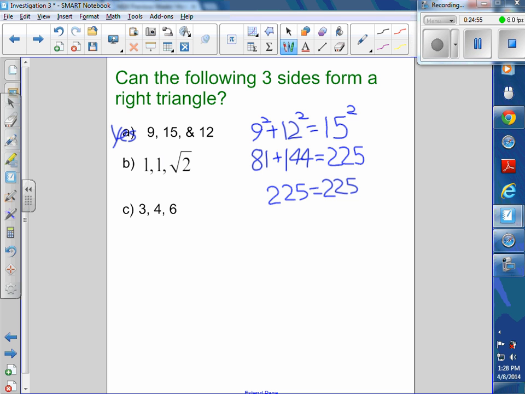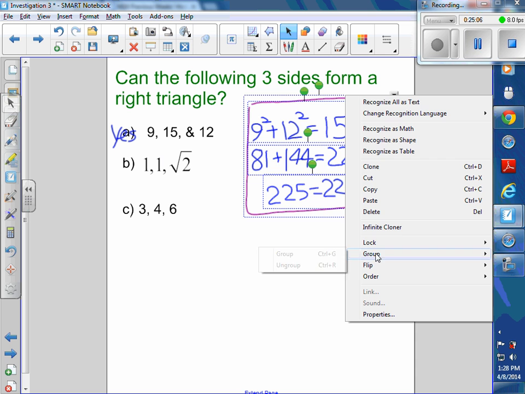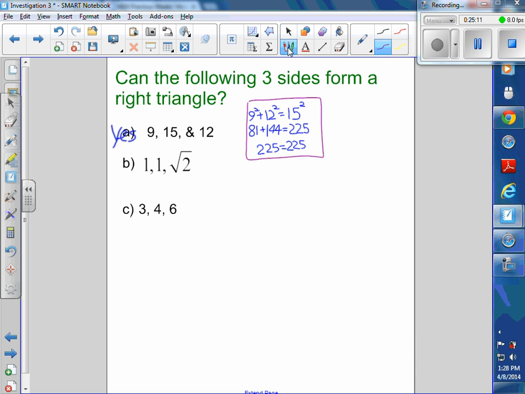Okay, I'll put a Y there. So for part B, that was A, right? Let's shrink that up. For B, what's the longest side?